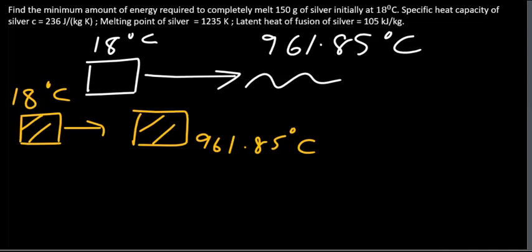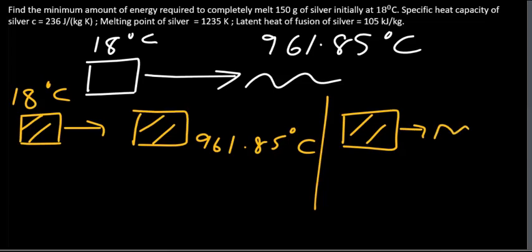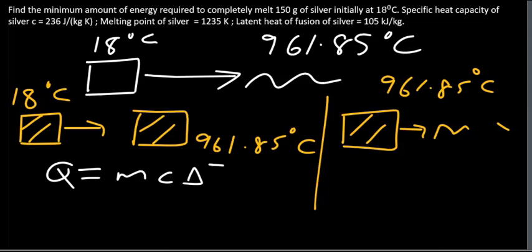The second process is when there is a phase change, meaning the solid silver turns into liquid silver, and that happens exactly at 961.85 degrees Celsius. So the first case is the case of specific heat, mcΔT. The second is the latent heat, mL. So you can call this specific heat, and that is the latent heat. And we need to figure out both and add them up.